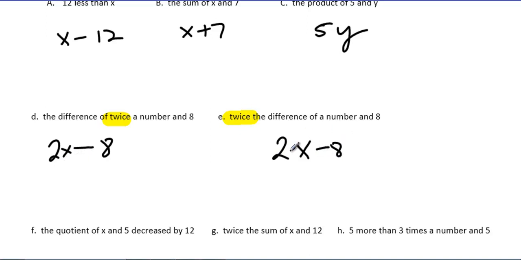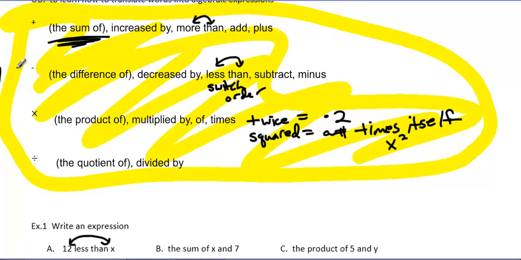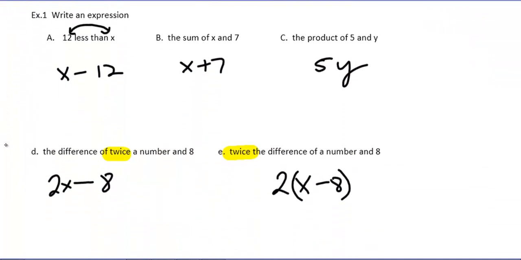Order of operations tells me multiplication is more important. But if I want to make the subtraction more important, I need to put parentheses around it. So general rule of thumb is anytime something happens before these words, especially, but really all four of these, the sum, the difference, the product, the quotient, if you have something before it, then you need to put it in parentheses.